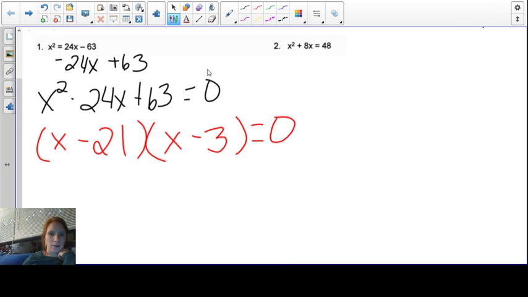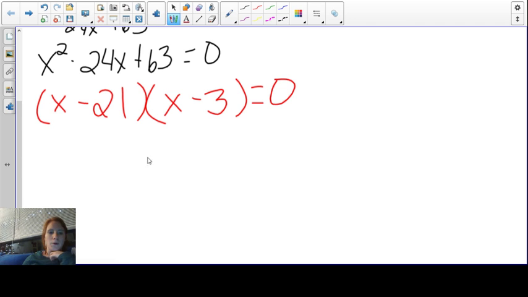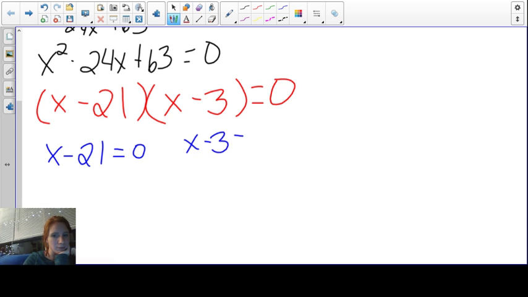So next idea is that logically, if something's being multiplied together and it's equal to 0, one or both are equal to 0. So because of this, and this is the cool part, I can take each set of parentheses, pull it apart, and set it equal to 0.